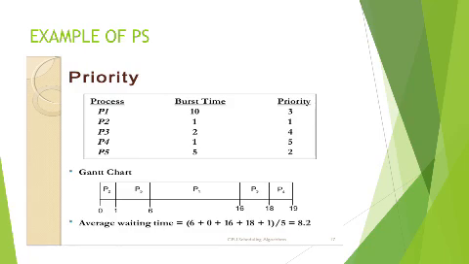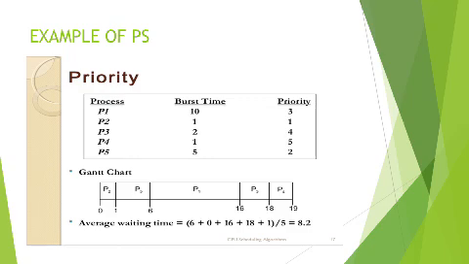processes. Here we have 5 processes, and priorities and burst times are given. Based on the priority, we take P2 first, which has burst time 1. And then we take P5, which has priority 2 and burst time 5. So we add 1 plus 5, which gives 6. Next we take P1, which has priority 3 and burst time 10.